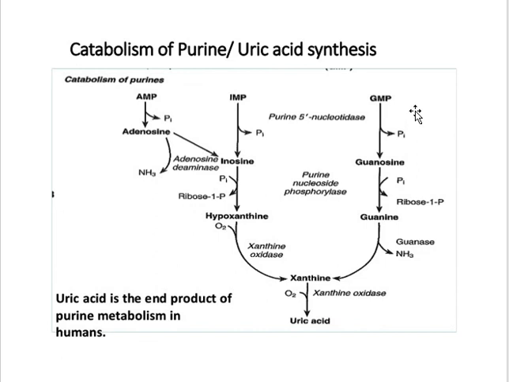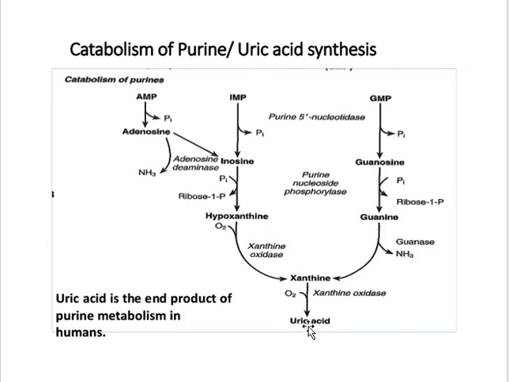The purine nucleotide guanosine monophosphate is also first dephosphorylated by the same enzyme purine 5 nucleotidase, and then after the removal of phosphoryl group, this guanosine is degraded into its components, that is the guanine and ribose 1 phosphate, and then guanine is deaminated by guanase into xanthine, and then xanthine is oxidized to uric acid.